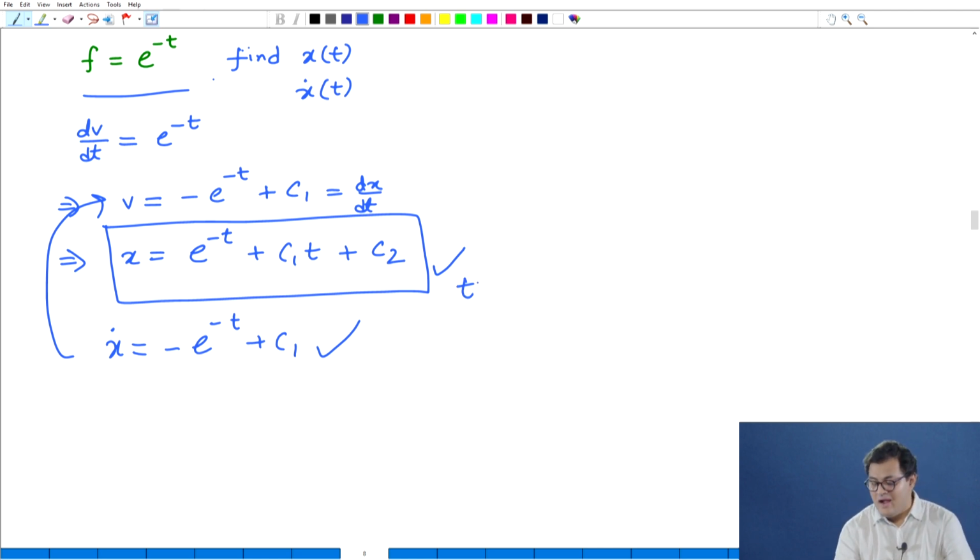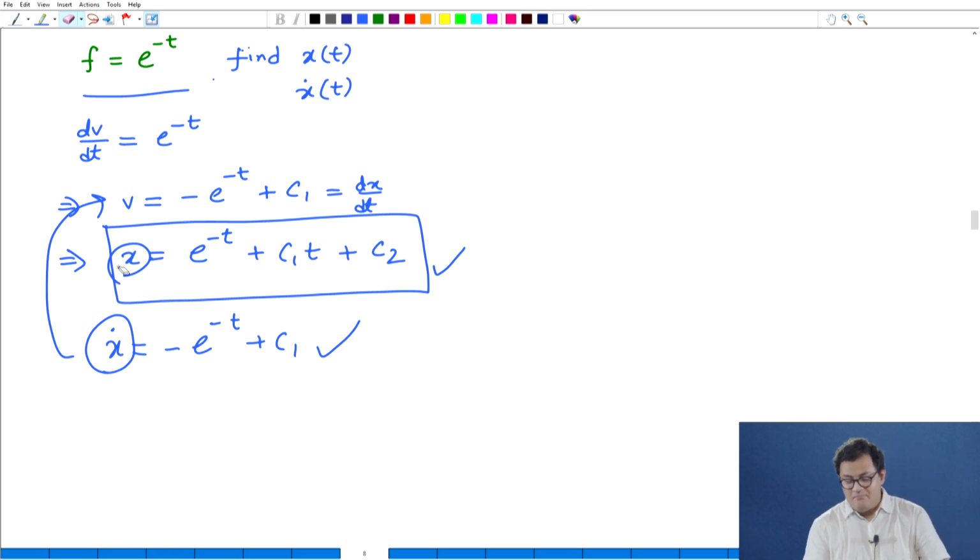Let us say at t is equal to 3, I give you the value of x. If I do not provide you the value of t and the value of x at that t, can you tell me the values of x and x dot at t is equal to 3? The answer is no. So just knowing the general solution cannot help us to know the motion of the particle.